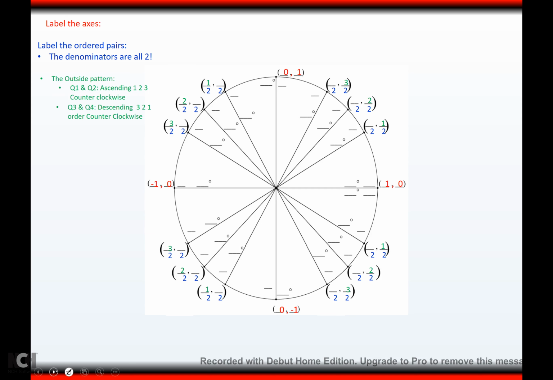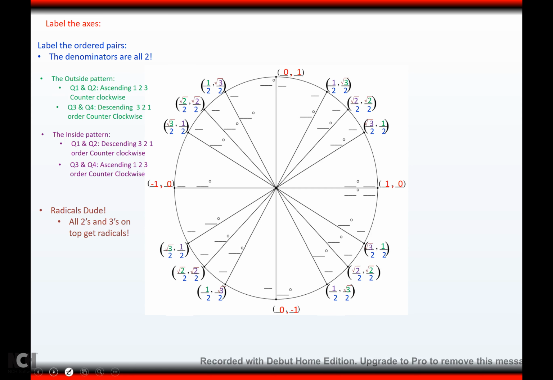The inside numbers going 3, 2, 1, 3, 2, 1. On the bottom, in reversing order, going 1, 2, 3, 1, 2, 3. Radical dude, all the 2's and 3's get radicals. Signs: everything's positive in the first quadrant, x's are negative in the second quadrant, both are negative in the third quadrant, and y's are negative in the fourth quadrant.